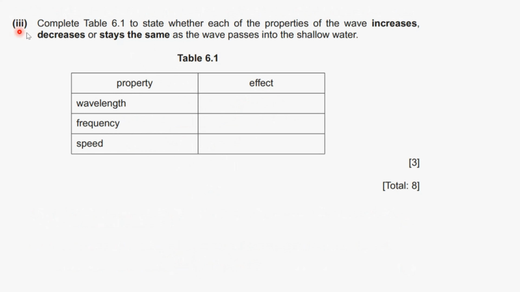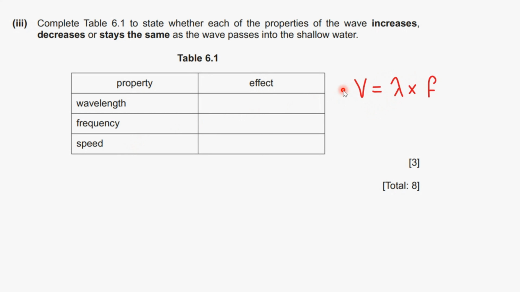In part iii, complete table 6.1 to state whether each of the properties of the wave increases, decreases, or stays the same as the wave passes into the shallow water. Table 6.1 shows the three properties: the wavelength, frequency and speed. I know there is one formula linking these three properties: v, which is velocity or speed, equals lambda, the wavelength, times the frequency, shown here at the right.